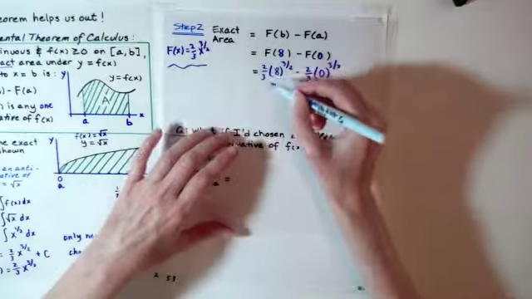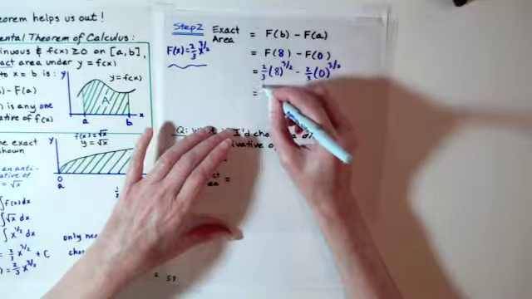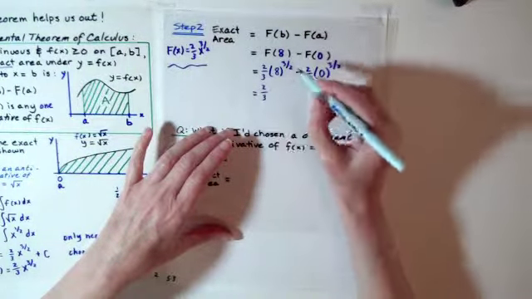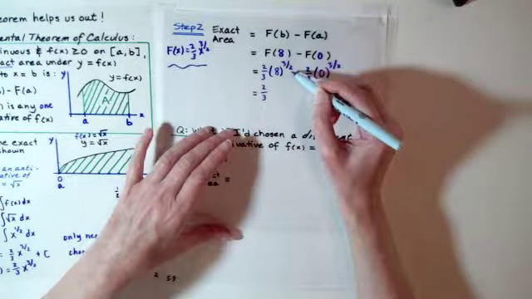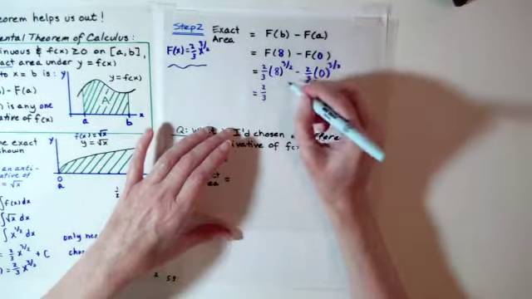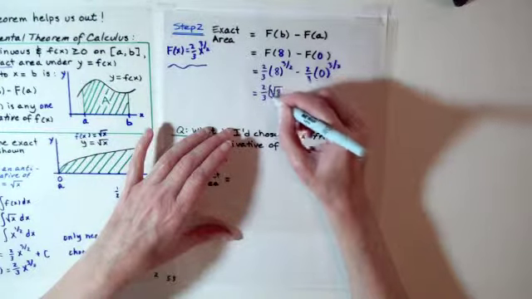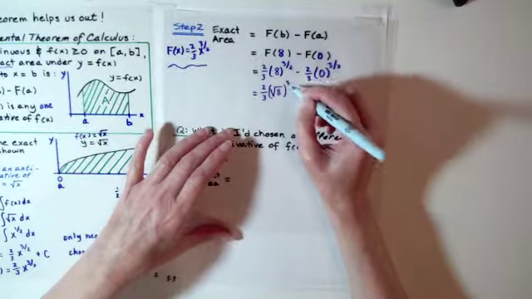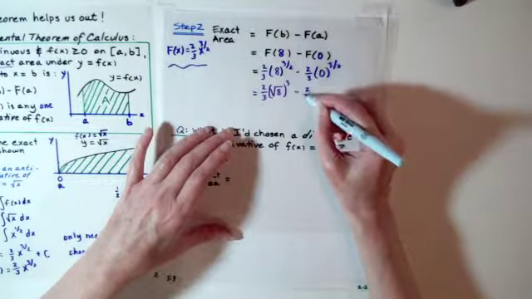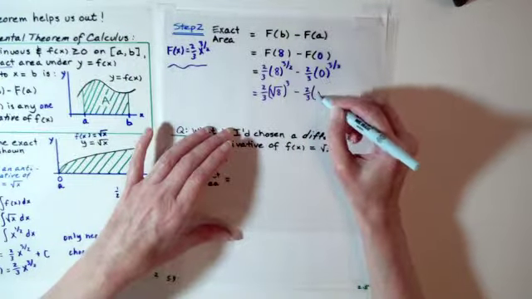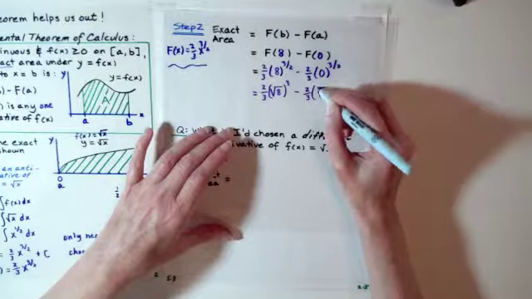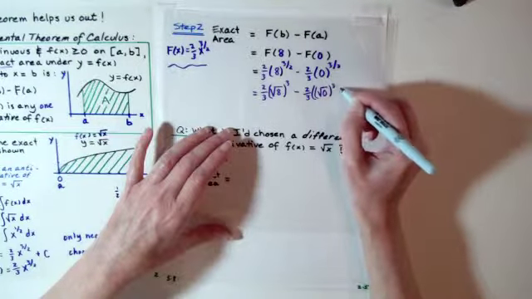If it's hard for you to see what that's equal to when it's written as a fractional exponent, remember that you could rewrite this in root form. 8 to the 3/2 is the same thing as the square root of 8 raised to the 3rd power. And the same thing here with the 0, although you can probably guess what that will come out to be. It's the square root of 0 cubed.